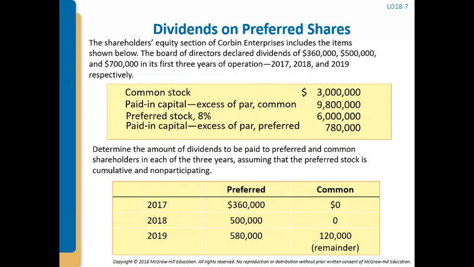All right, so what that means is every year that a dividend is declared, they've got to pay 6 million times 8%, or $480,000, to the preferred shareholders before common shareholders get anything.